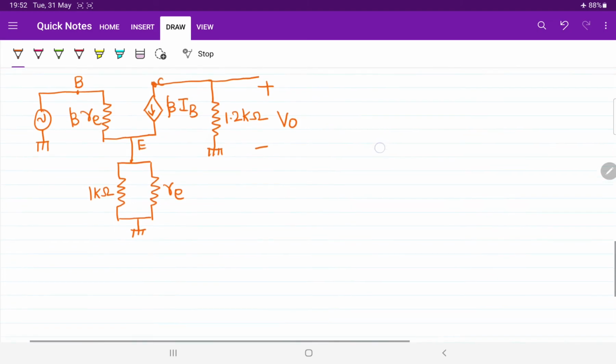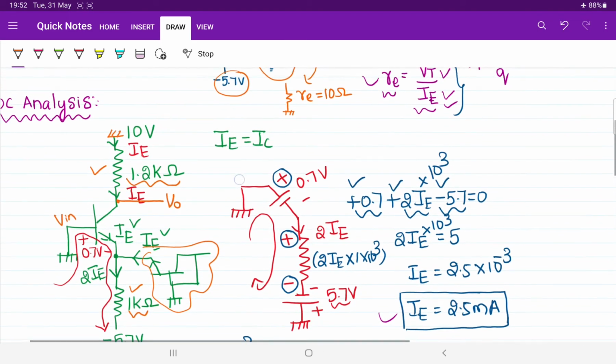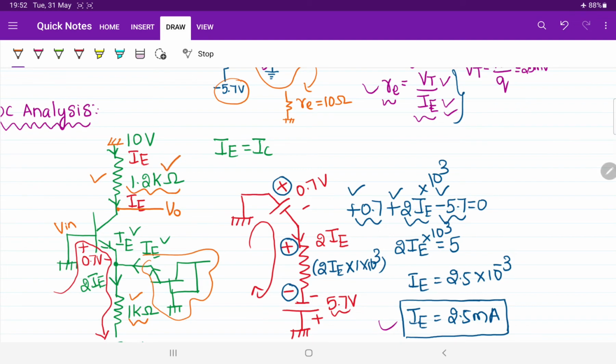Some of you might be having confusion here. Sir, how did V0 come across the 1.2 kilo ohm? See, this DC voltage is going to be short circuited, whereas this is the point where we are going to measure the voltage. It means this is the positive terminal. Obviously, while measuring the voltage, there will be one more terminal, and that terminal will be connected with the ground only.